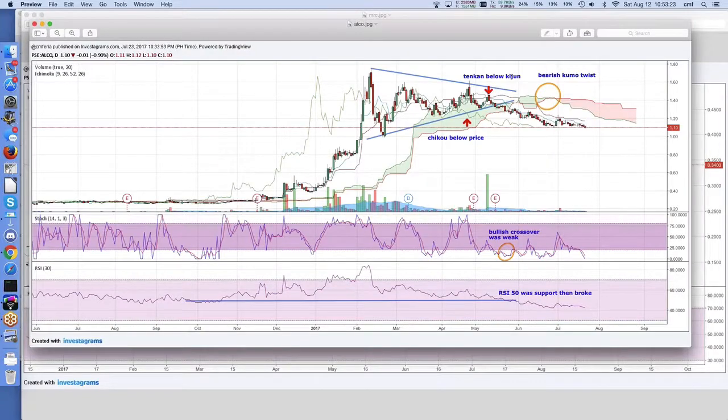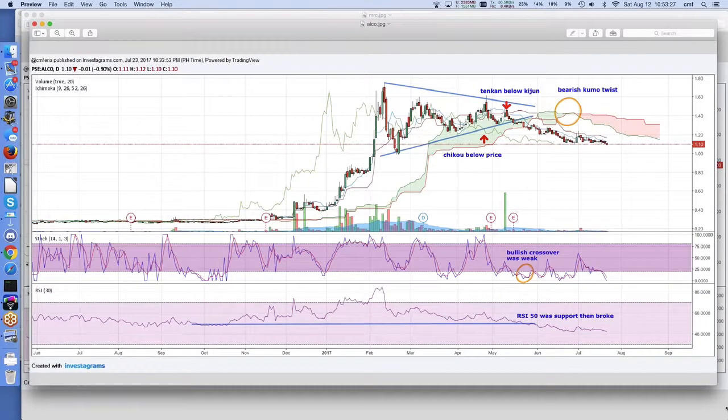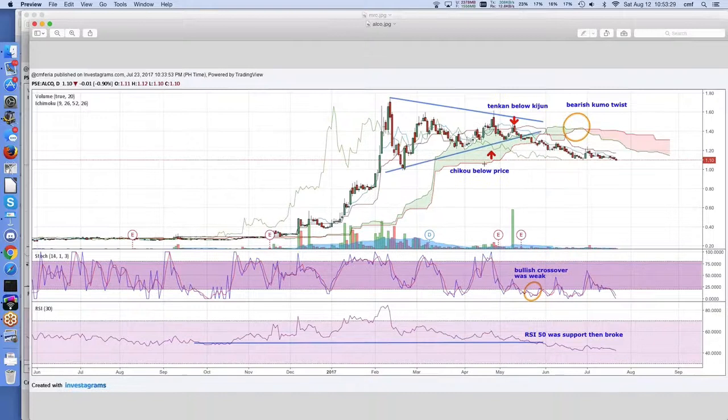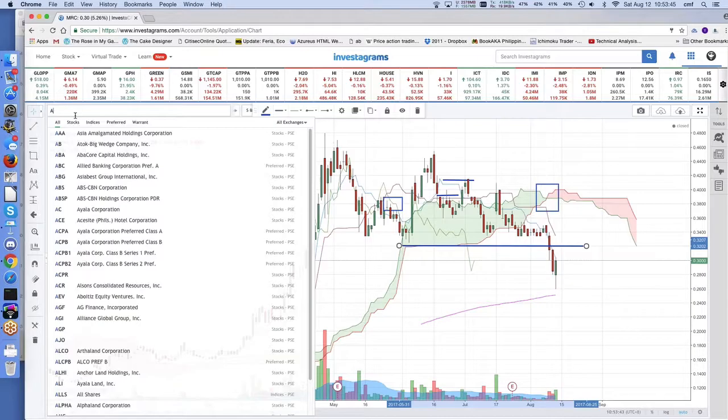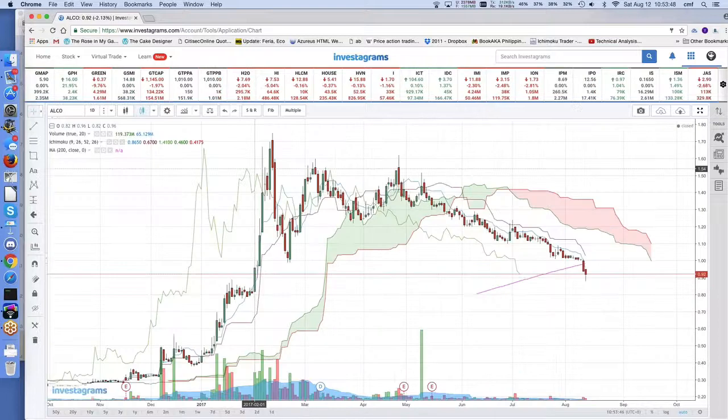This Alco chart shows you the bearish kumo twist, the Chikou below the price, and resulted in a strong downtrend afterwards. The same thing happened. RSI was also below 50. The same thing happened for MRC. So since MRC already bounced last Friday, I would like to show you Alco. This could bounce as well.